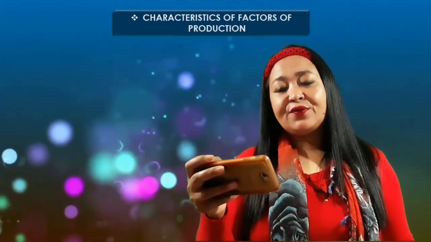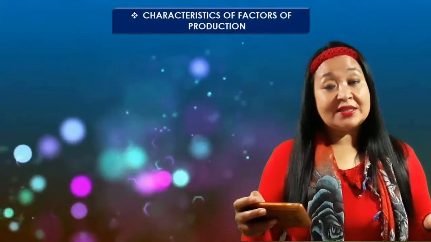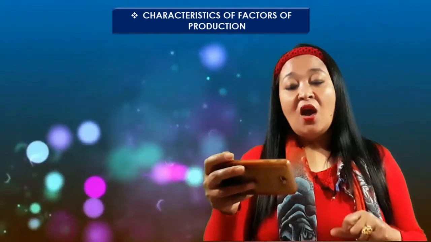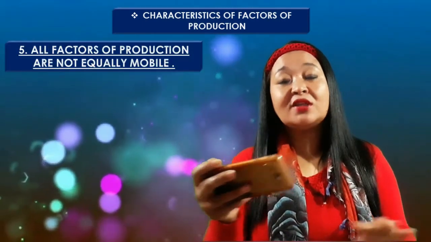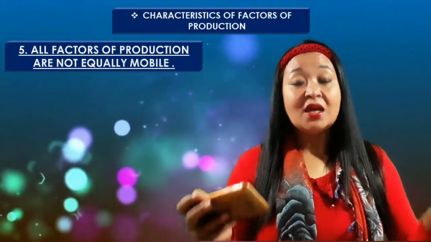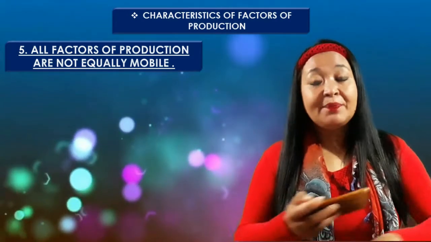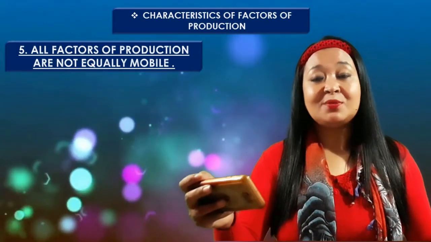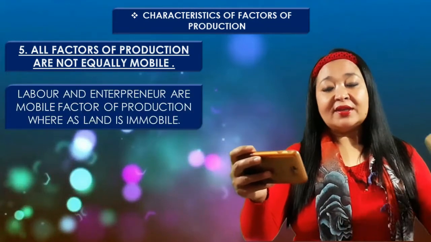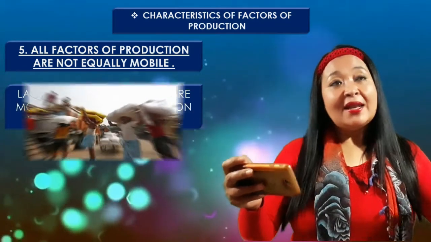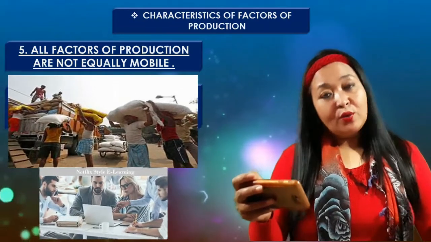Well, the next characteristic of the factors of production is that all factors of production are not equally mobile. That means we have four factors of production, and they are not equally mobile. Now, what does this mean? It means that, for example, labor and entrepreneur. Who is an entrepreneur?